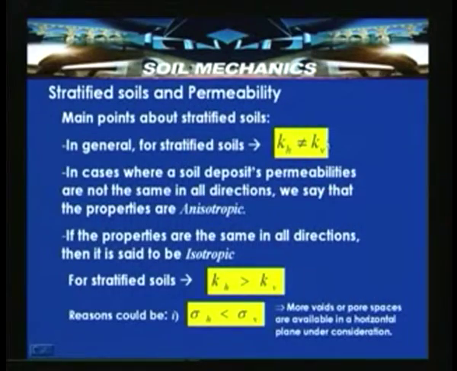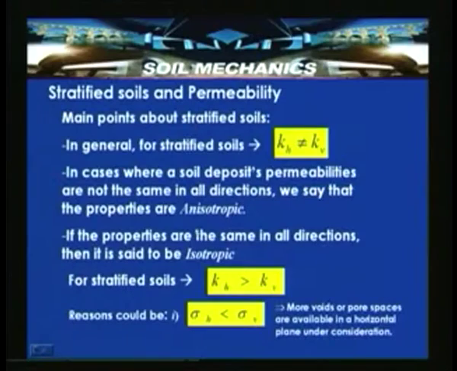So, if the condition KH is not equivalent to KV holds, such soil deposits are said to be anisotropic soils. From the flow point of view, if the permeability is not identical in both directions under consideration, we say it is anisotropic.